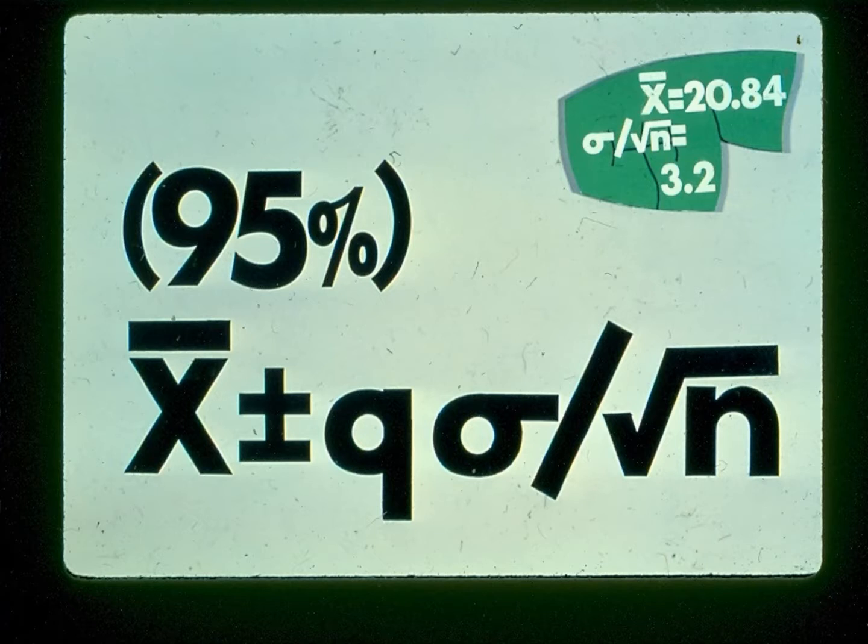Intuitively, we could take the mean x bar and then add and subtract some multiple of the standard error to obtain upper and lower limits. Stated another way, we might find some number q such that the 95% confidence interval is of the form x bar plus or minus q times sigma over the square root of n.